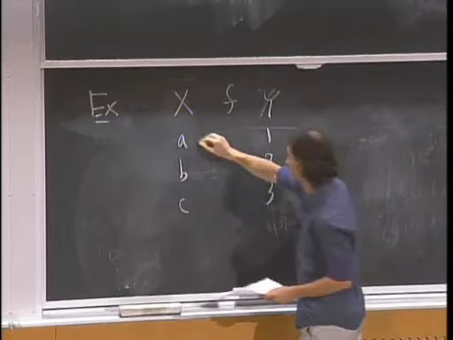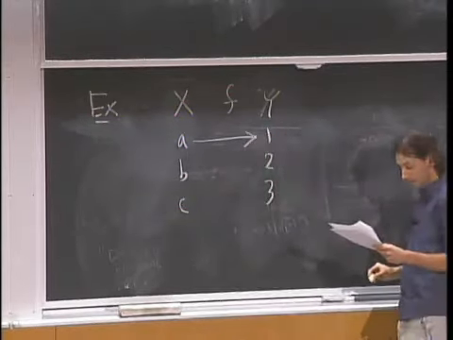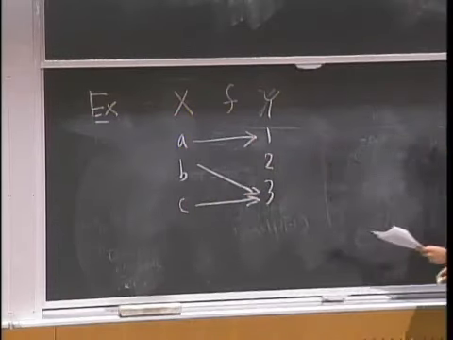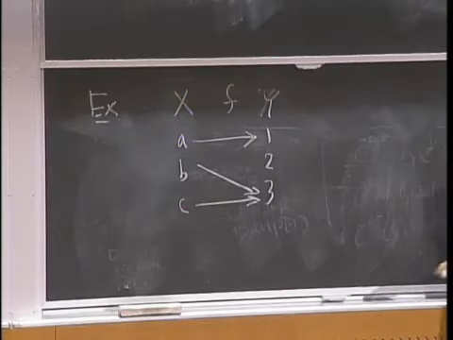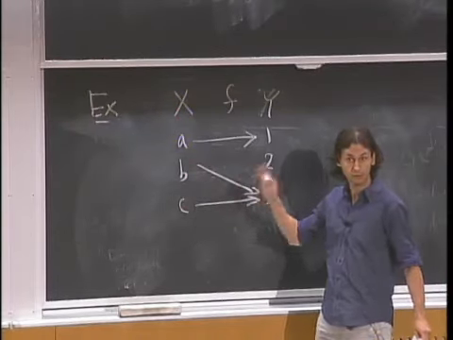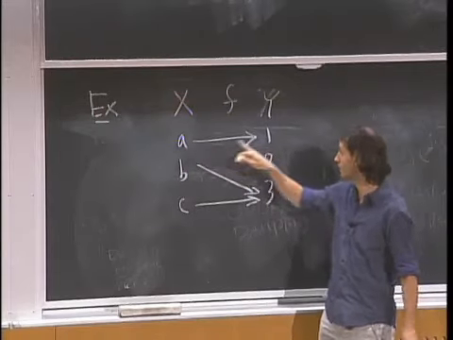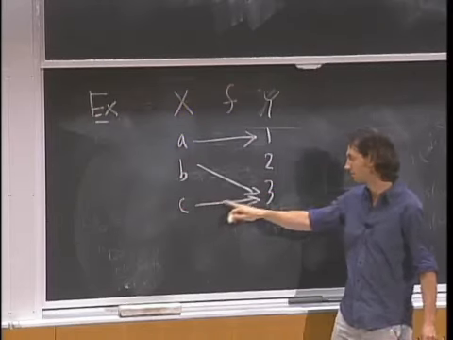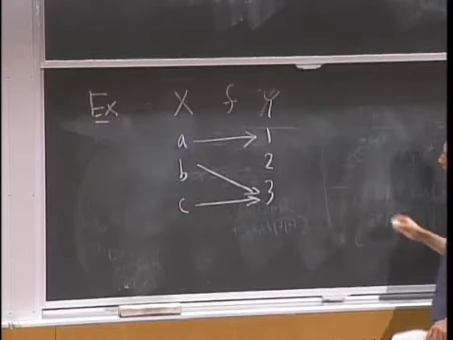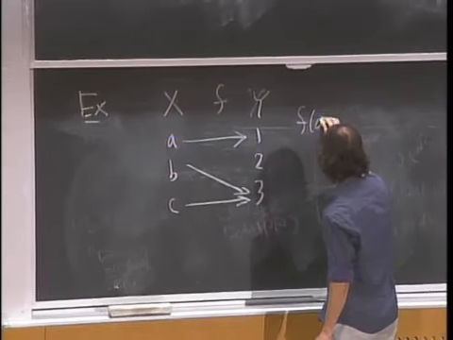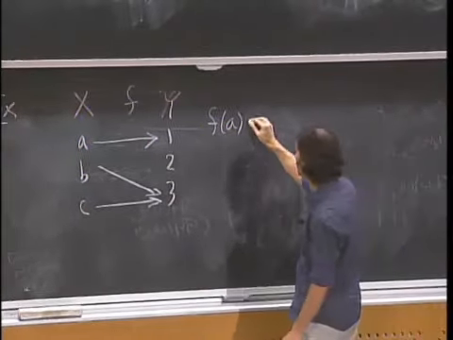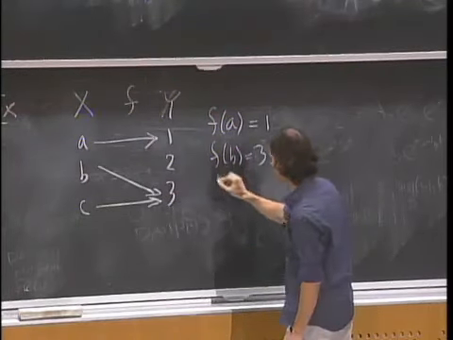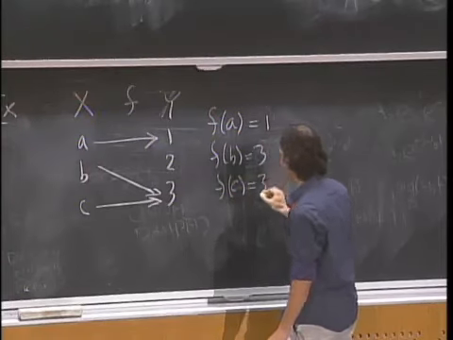Well, I could map, for example, a to 1, b to 3, and c to 3. Now, this is a function because every element of x is mapped to exactly one element of y. A is mapped to 1, b is mapped to only 3, and c is mapped to 3 as well. And we usually write this as f of a is equal to 1, f of b is equal to 3, and f of c is equal to 3 as well.